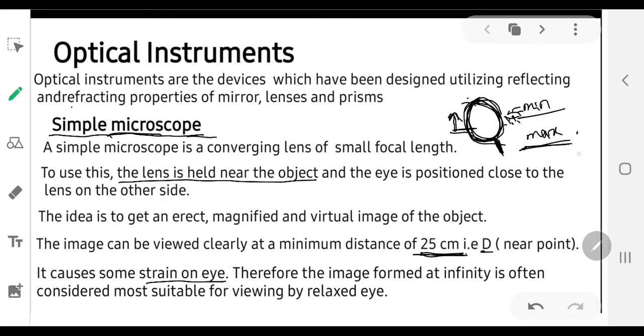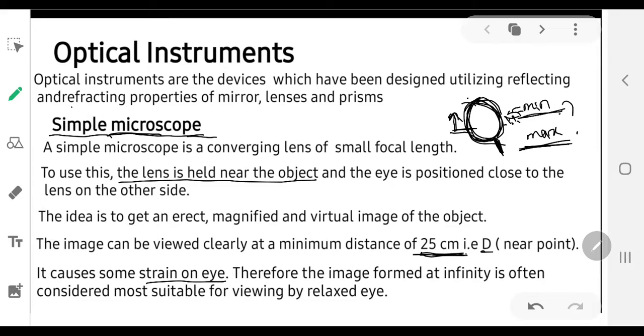So here we are going to see the two extreme cases: the image formed by the simple microscope at the minimum distance, that is at capital D, the least distance of distinct vision, and the image formed by the simple microscope at infinity.